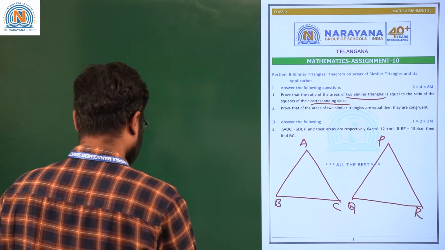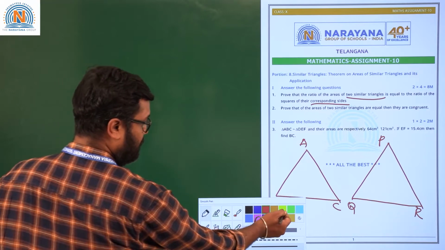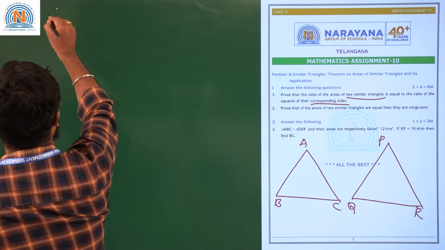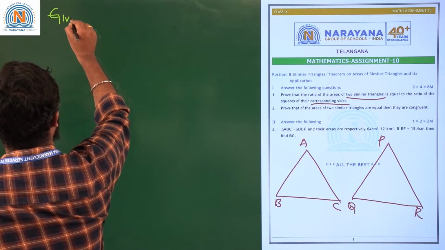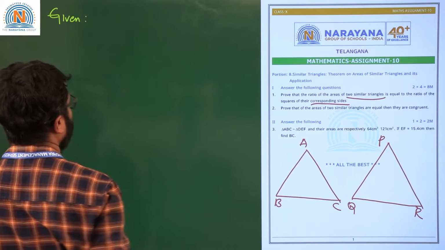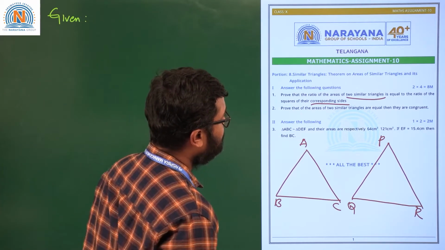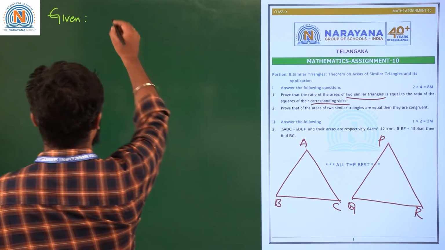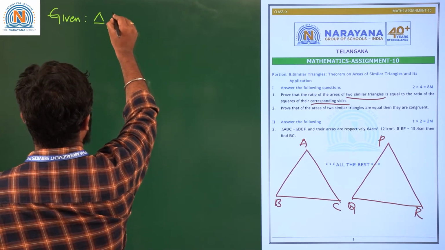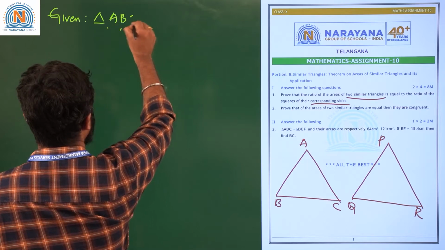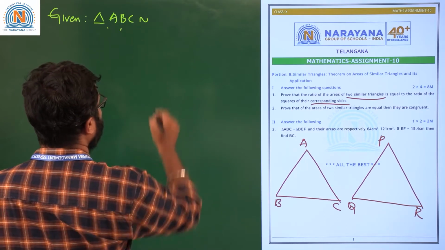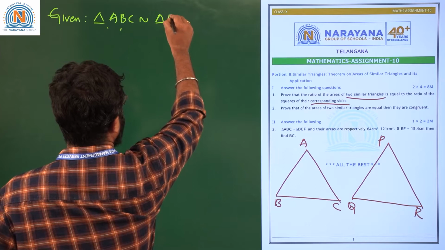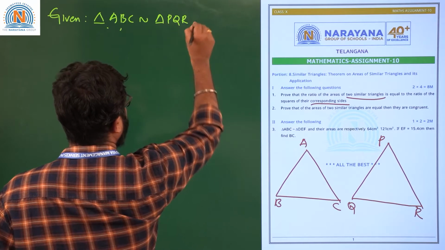So first let's take the given data. What is the given data, children? Two similar triangles: triangle ABC is similar to triangle PQR.